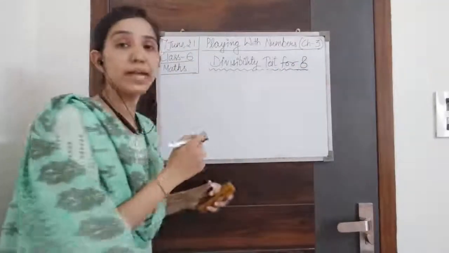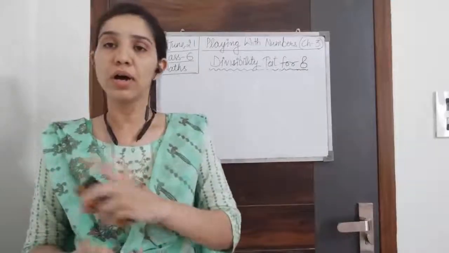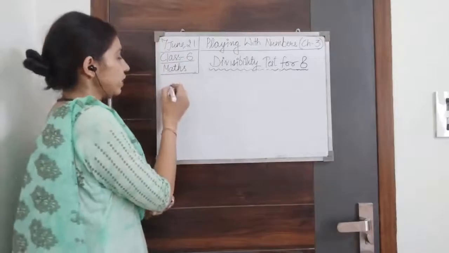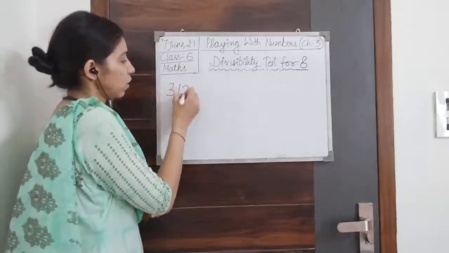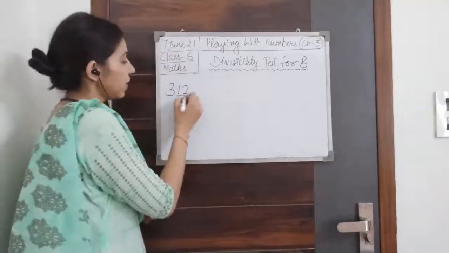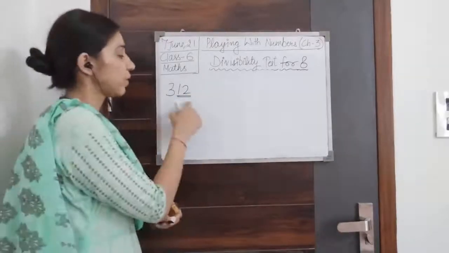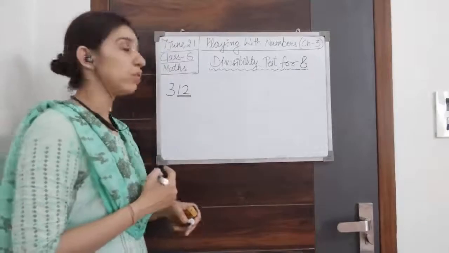Divisibility test for 8 is quite similar to 4. 4 में क्या था आपका? It should be a 3-digit number or more, and a last number formed by last 2 digits is divisible by 4, then the number is divisible by 4.